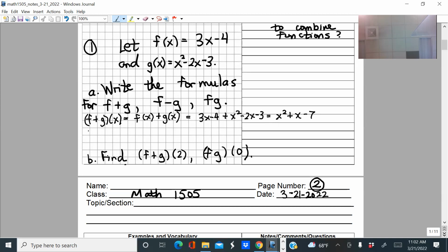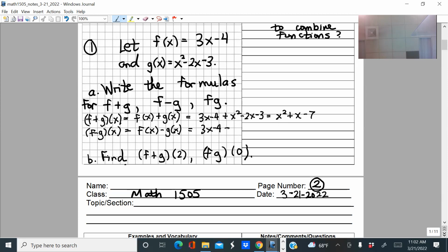Let's try finding f minus g. That's just as easy. Keep in mind, f minus g is the name of a function. But what's its formula? You find that by taking f of x and subtracting off g of x. So we have 3x minus 4, that's the formula for f.